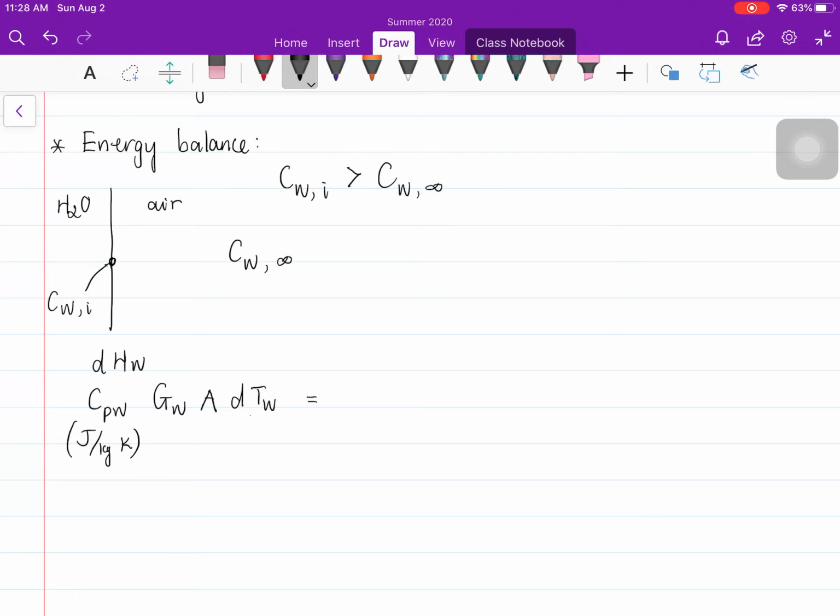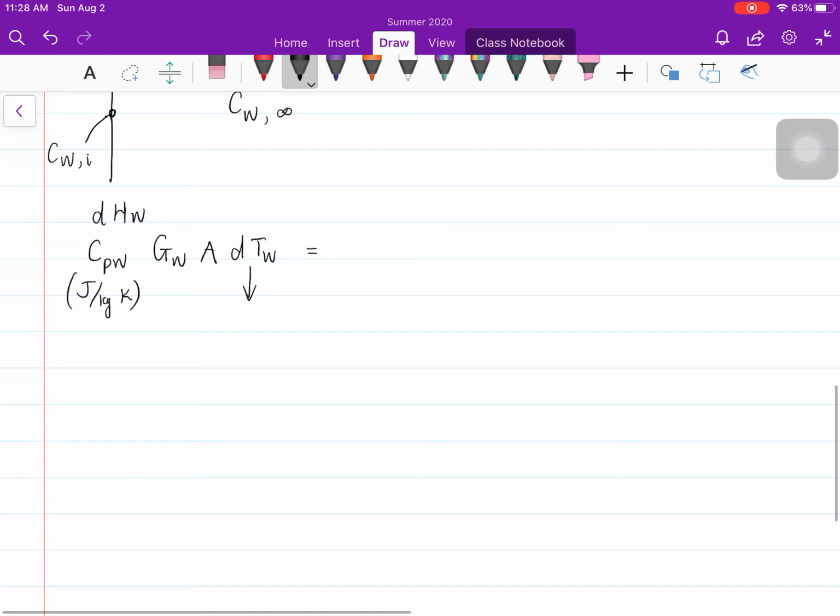The change in temperature of water depends on two factors. The first one is evaporation of water, and the second one is heat transfer to or from air. We don't know that yet.